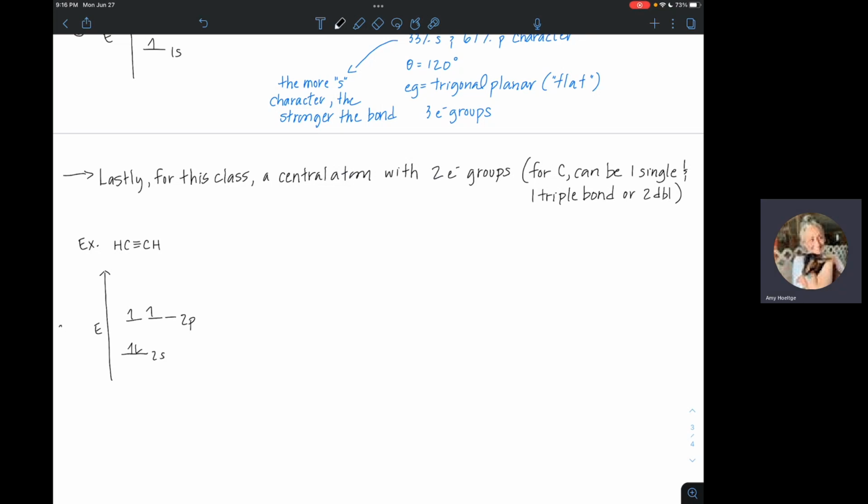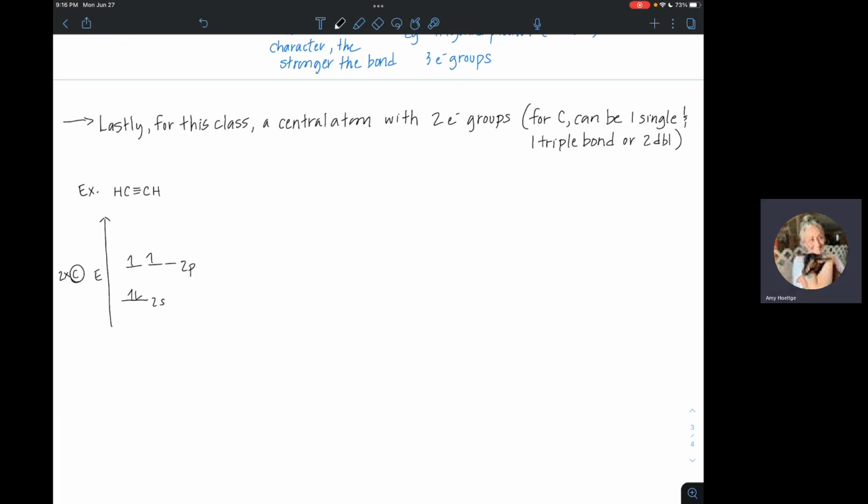This will be for 2 carbons. Each carbon has this little setup going on. We have 2 hydrogens, right? And again, with its 1 valence electron in the 1s orbital, we're going to hybridize our atomic orbitals on the carbon.